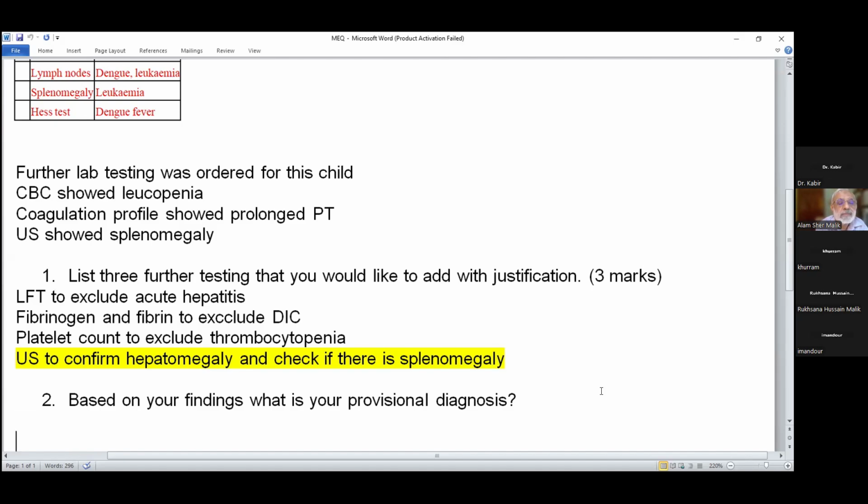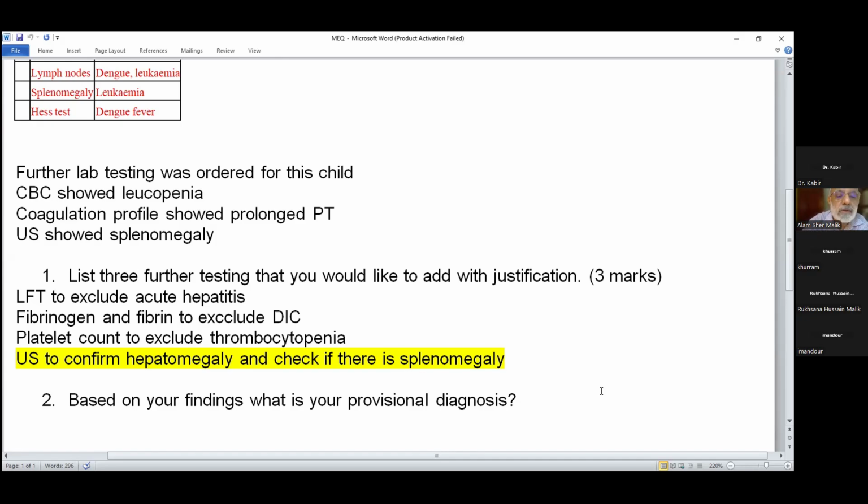And then, based on your findings, which is your provisional diagnosis, I don't think this part belongs in this part of the MEQ. Basically this can go to part 3, after we have given the results, because otherwise it would be the same issue we were discussing previously, that if the student interprets the investigations wrongly, their provisional diagnosis may be wrong as well.